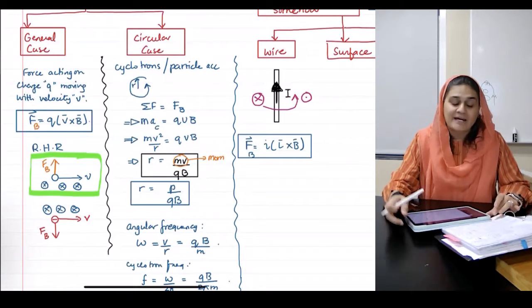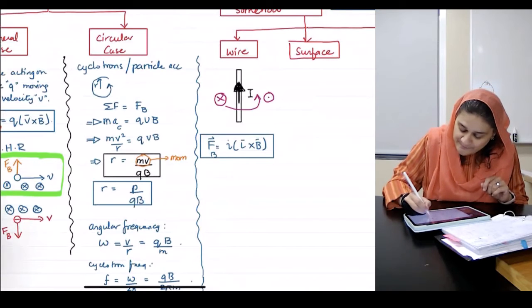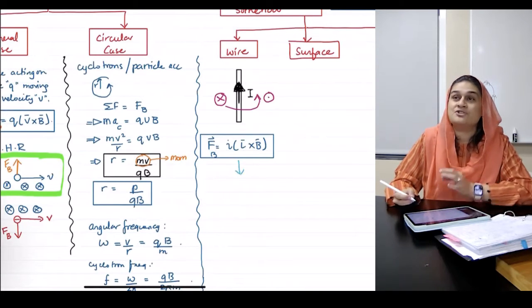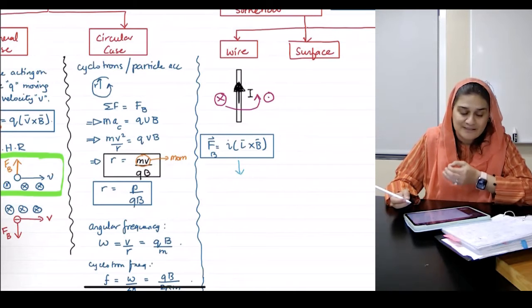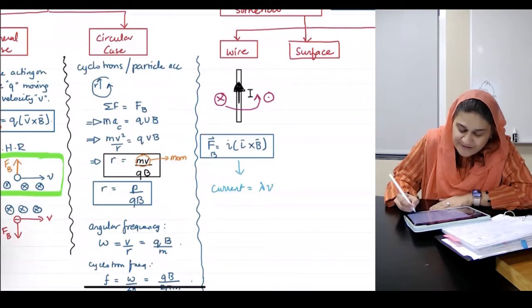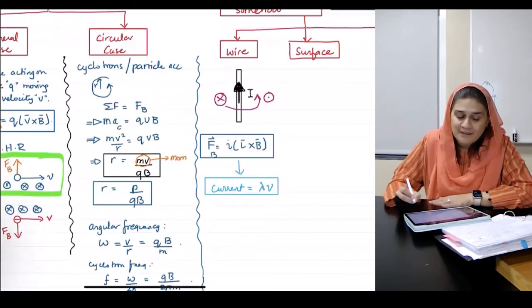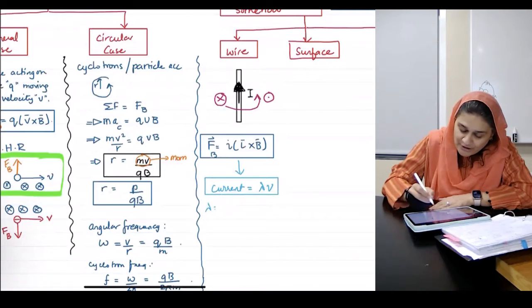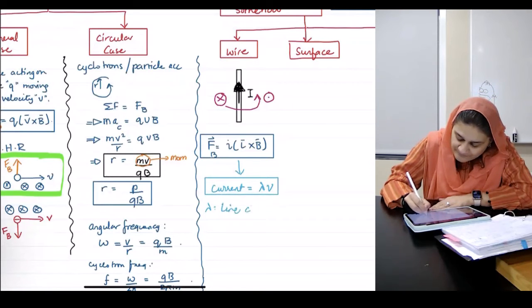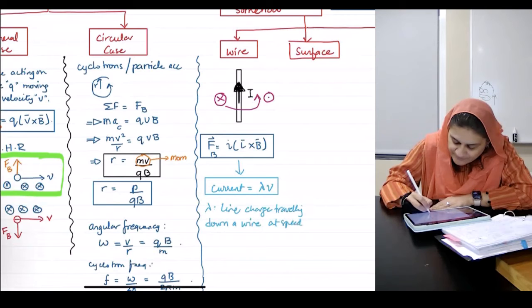Okay. Now, Griffiths does a little bit more beyond this, which is amazing. He says, instead of talking about just I equals dq over dt, he defines current as lambda v, where lambda is now my line charge traveling down a wire at speed v.